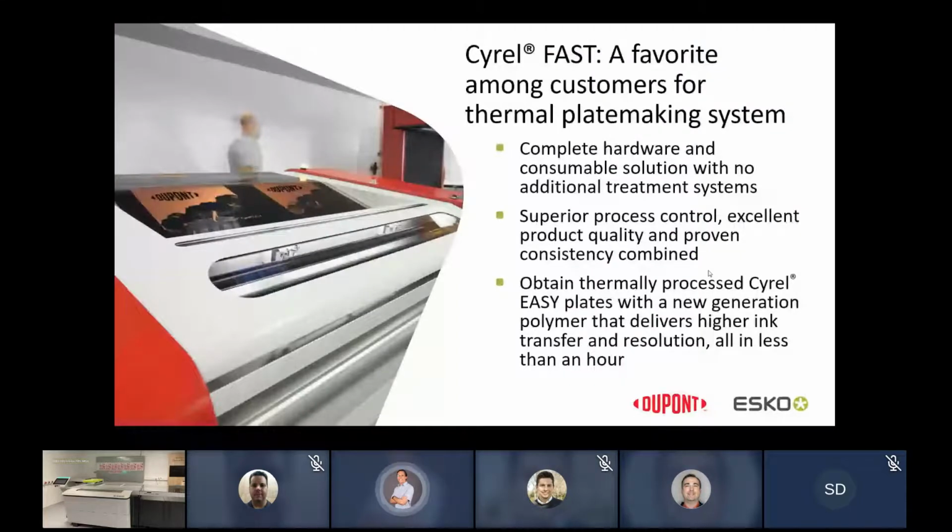So the Cyrel fast system as a whole really has been a favorite among our customers for a couple of reasons. One of them is it's a complete hardware and consumable solution. So we sell the customer everything. We provide everything from the machine to the plates to the non-woven. And then we are actually an Esko reseller.